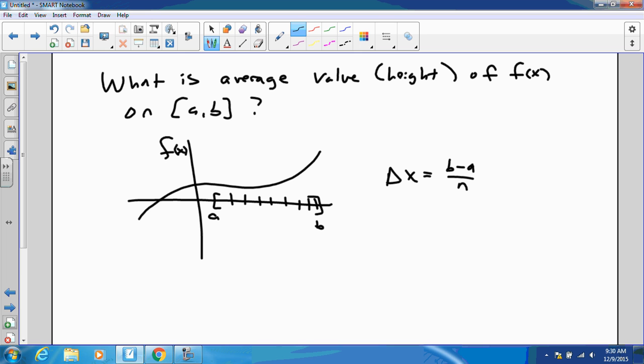And then I'm going to go through and I'm going to sample one y value, f of x value, out of each partition. How will I choose that x value? I actually don't care. I can make it a right-hand sample, or I can make it a left-hand sample, or I could make it a midpoint sample, or I could make it a randomly chosen sample. Doesn't matter.